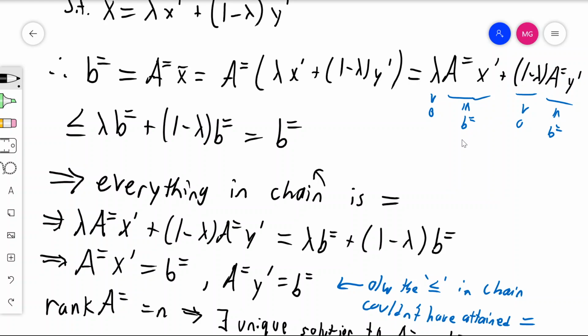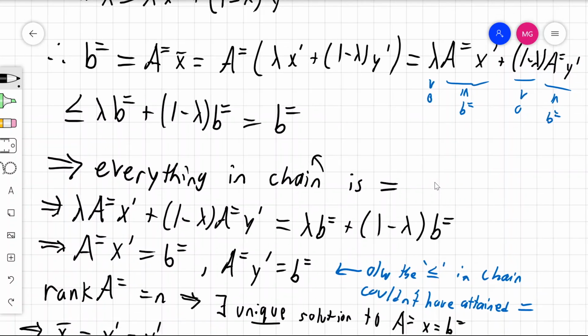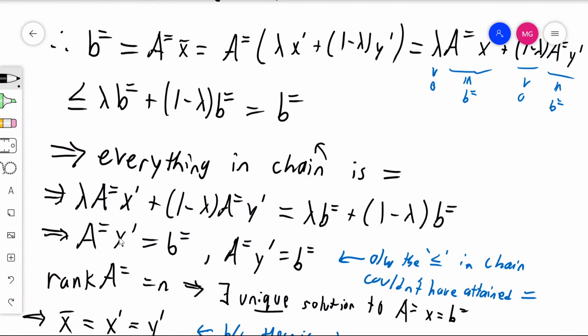That must happen in order for this whole thing to obtain this upper bound, and we know it does because we started and ended with the same thing. So A equality times x prime attains its upper bound of b equality, and the same thing for y prime: A equality times y prime also equals b equality.